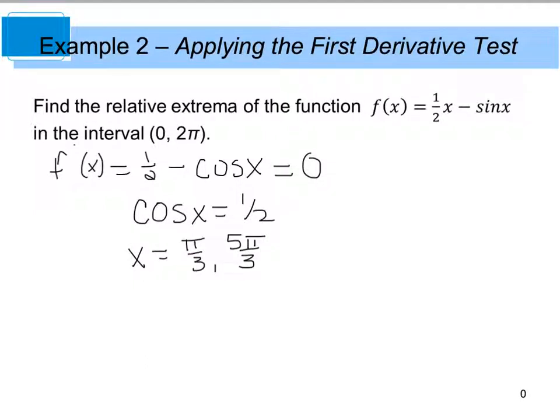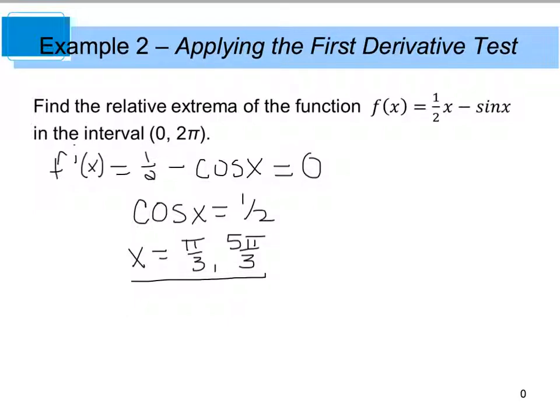If you plug either one of these numbers in here for x, you'll see that you get the positive 1/2. And again, I'm going to ask myself, is there any point on the derivative function where this function cannot exist? And the answer to that question is no. So these here are going to be my only critical numbers.